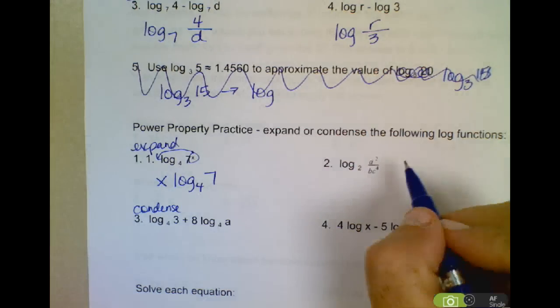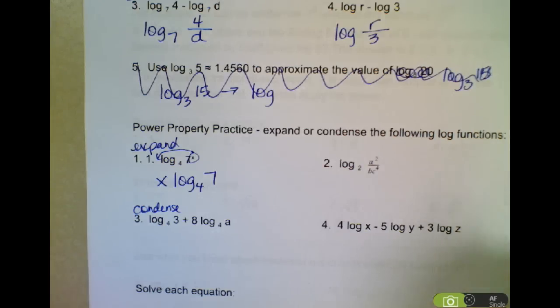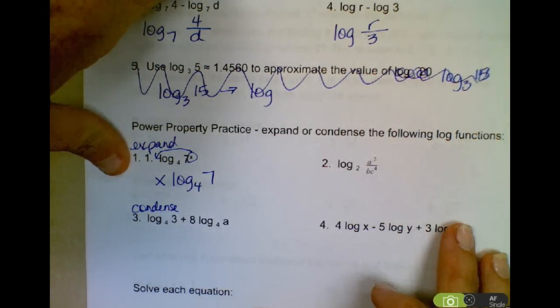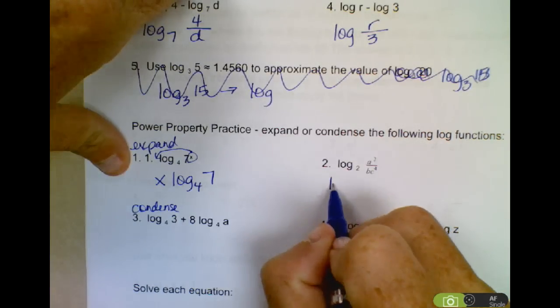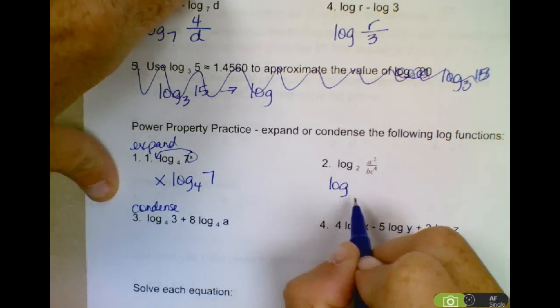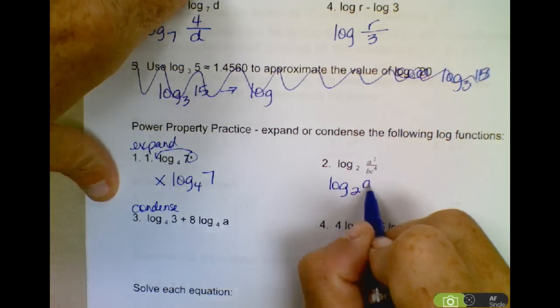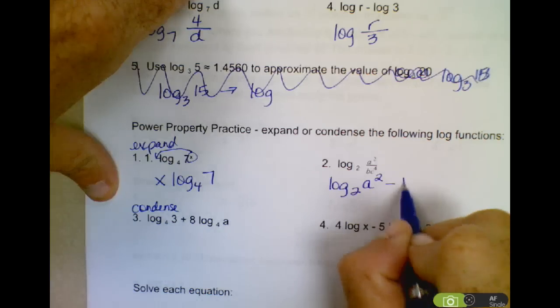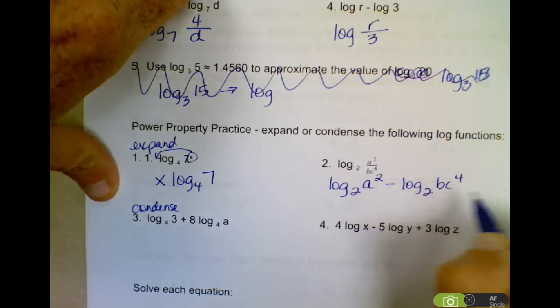Okay? If I could write this all as one exponent, let's see. Let's do this as a quotient first of all. We've got a quotient going on, so we've kind of got 2 steps on this one. So we would have log base 2 of a squared minus log base 2 of bc to the 4th.